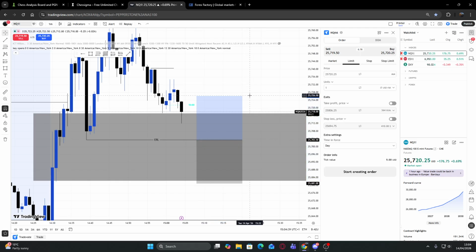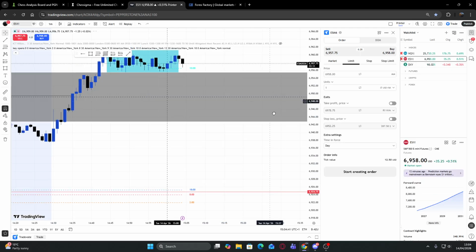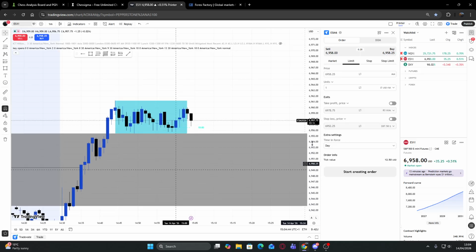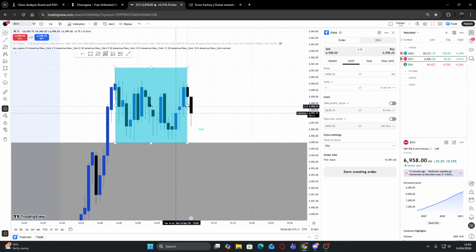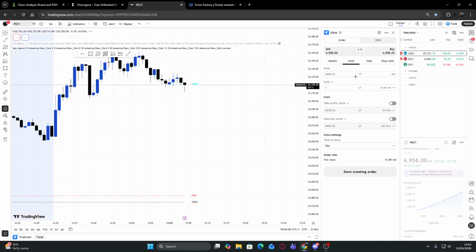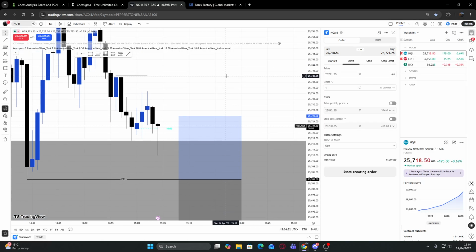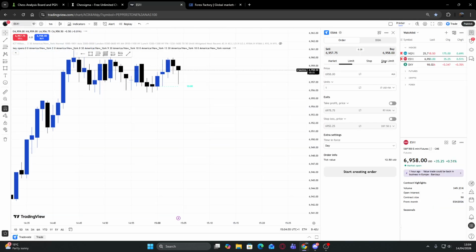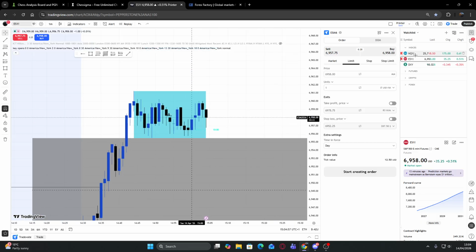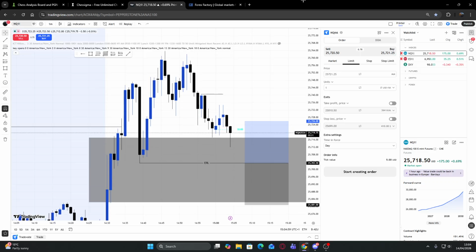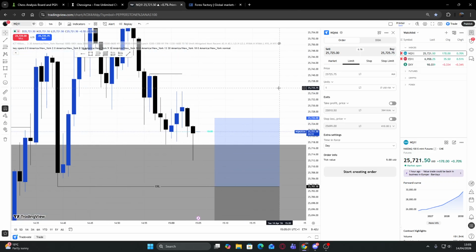I'm kind of tempted just to take the long off of that, but we need, so there's our manipulation on Nasdaq. Do we get a tap on the ES? I don't think we will. Which is why I think I want to take my entry on Nas. I think actually I'm going to take my entry on the Nas because now it's clear, right?